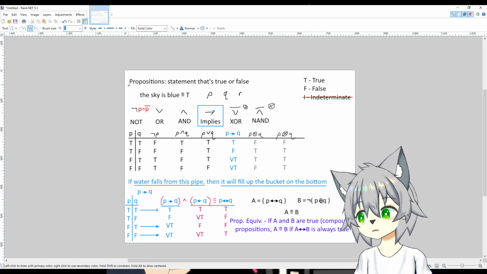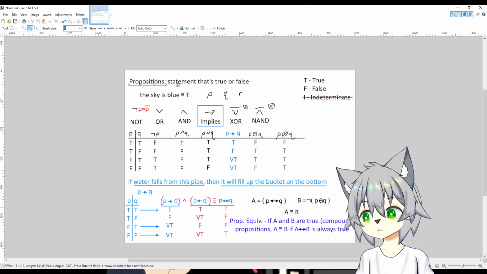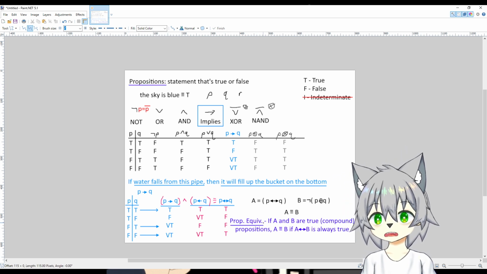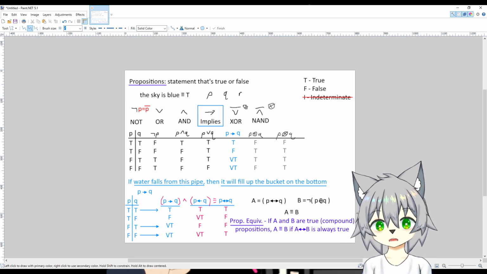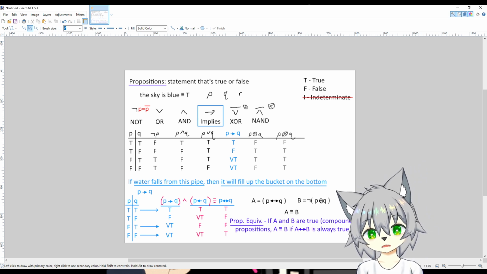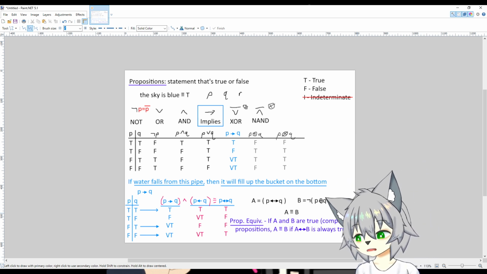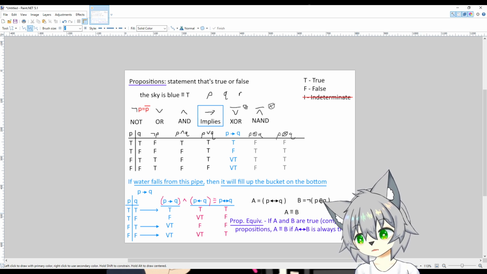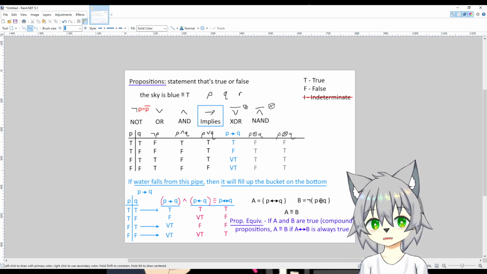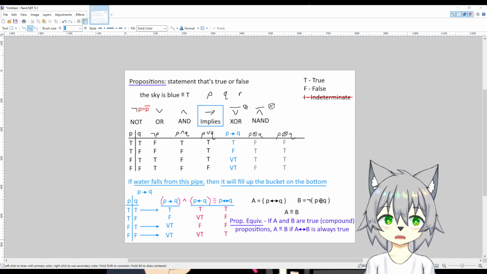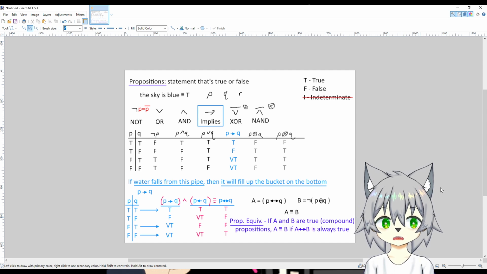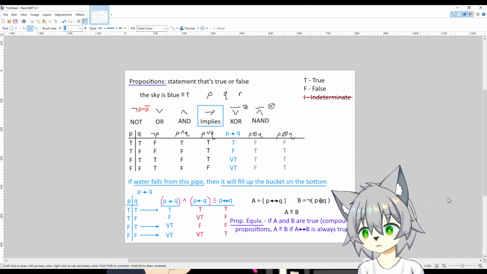And why don't we also just underline this? Propositions and propositional equivalence. So basically, these two propositional statements are equivalent. They are the same, and there's quite a fair bit of propositional equivalence on my reference sheet as well, which makes doing logic a bit easier. But for what it's worth, that's what it is.